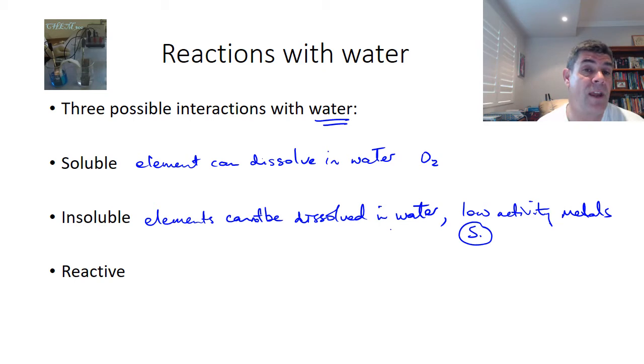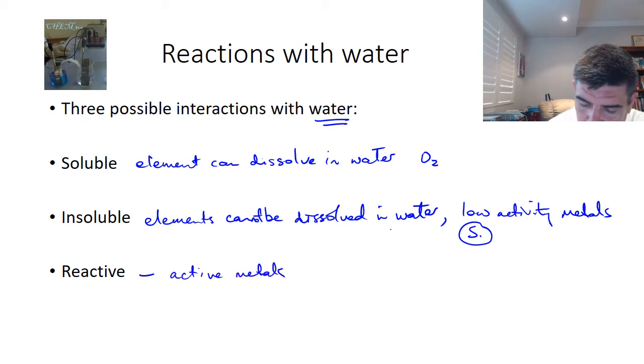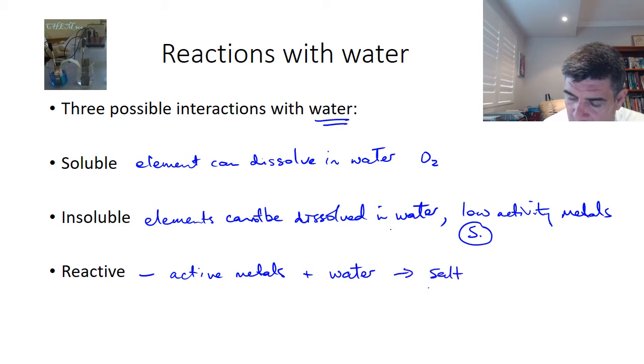The third way that elements can interact with water is to react with them, and probably the most spectacular ones that we've seen are the active metals. These can react with water to form a salt, which is usually a hydroxide, and hydrogen gas, and sometimes quite explosively.